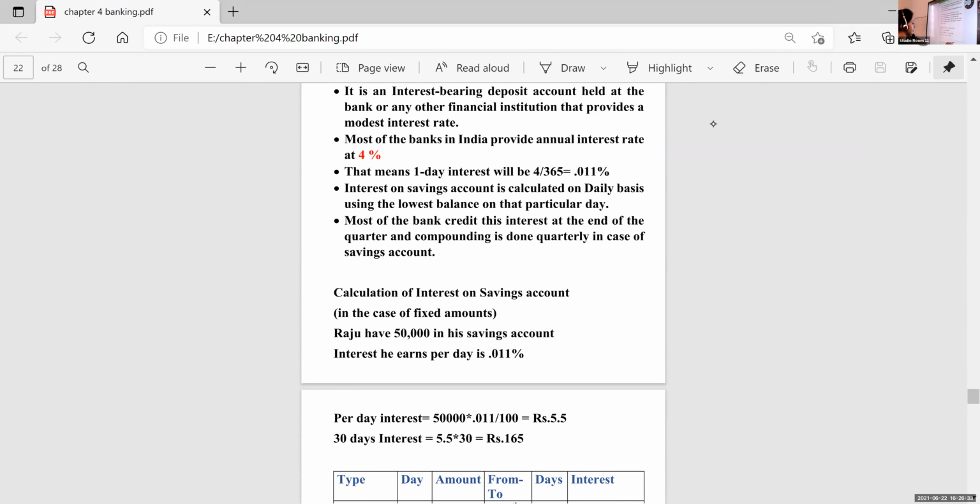When the interest was fixed, when there is no deposit or withdrawal, what happened?